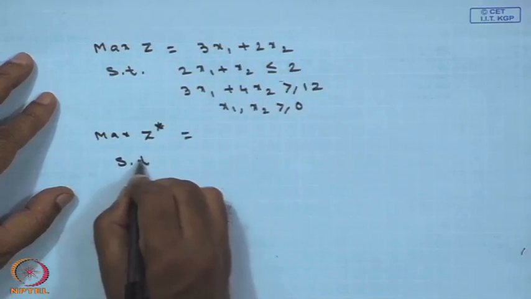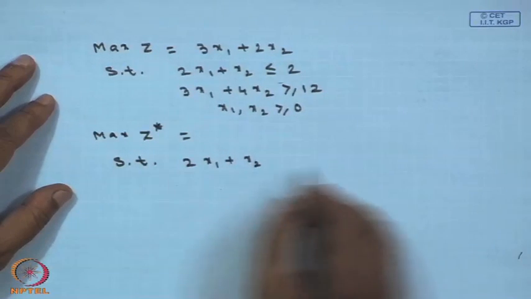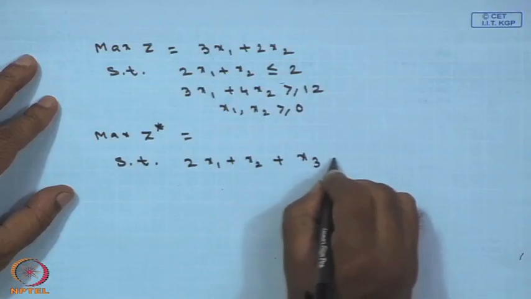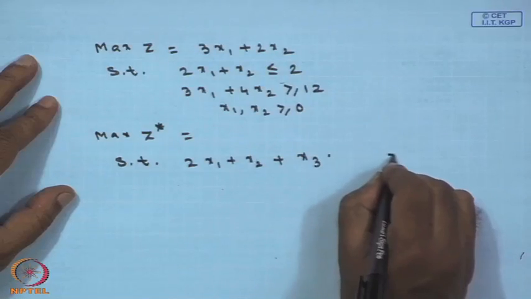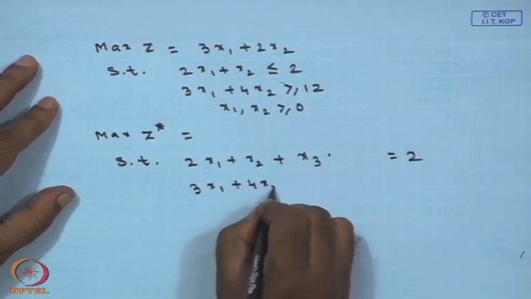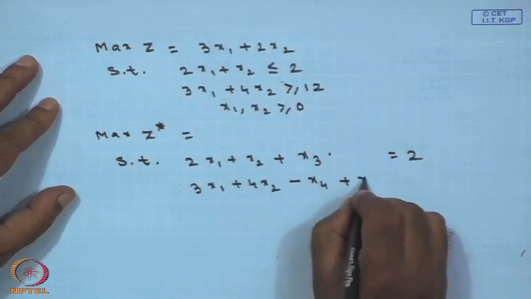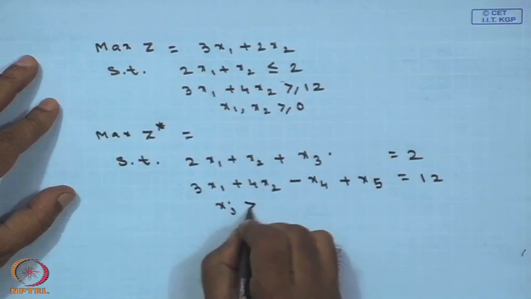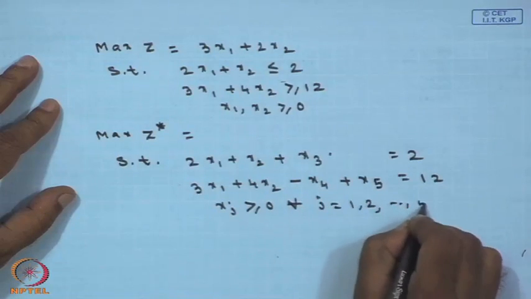subject to, let me write down this one first, twice x 1 plus x 2 plus x 3 equals 2. For the second one, 3 x 1 plus 4 x 2 then minus x 4, since it is greater than or equal to, plus x 5, this equals 12, x j greater than or equal to 0 for j equals 1 to 5.